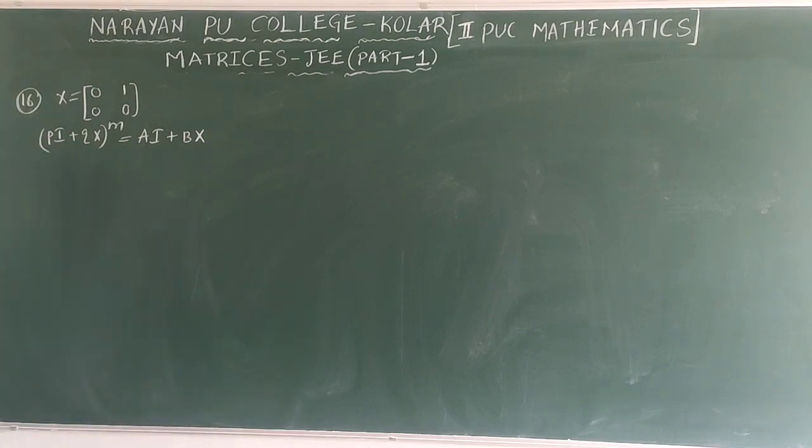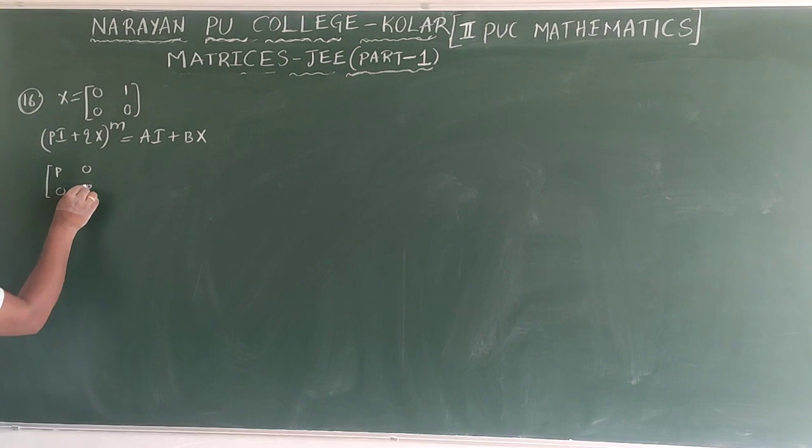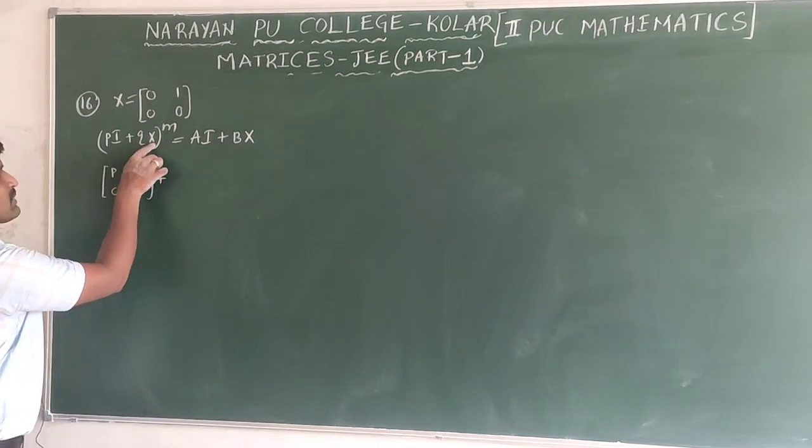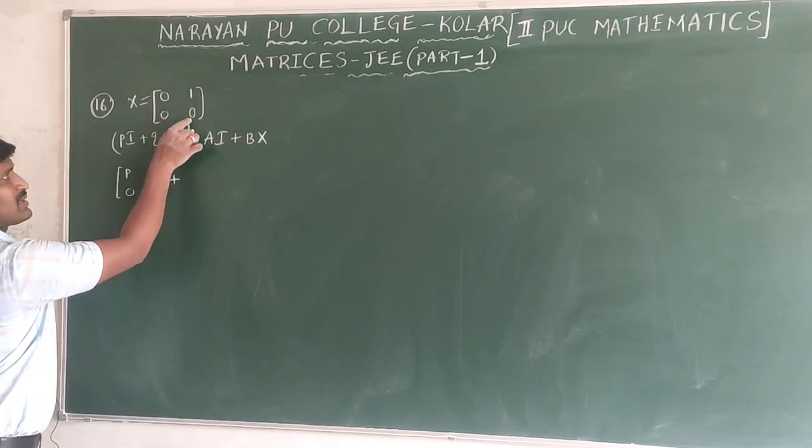Now finding for m powers is very difficult. You will do one thing here for square. Square means first find out this complete matrix for easy purpose. Then you can find out the value easily. P into I, I matrix we all know 1, 0, 0, 1. What will you get? P, 0, 0, P. Q multiplied with X matrix: all three elements are 0, only this one.